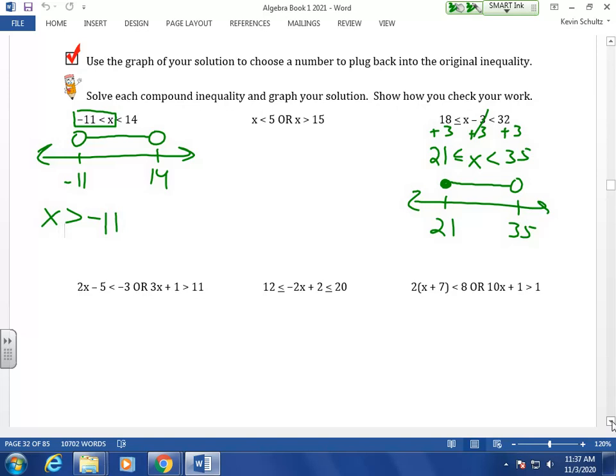We want to figure out what value for x makes negative 2x plus 2 between 12 and 20 on the number line. So what are we going to do first here? Lauren. Subtract 2. And when we do this, we subtract 2 from all 3 parts. Right? To cancel it out in the middle, but it also affects the other endpoints.